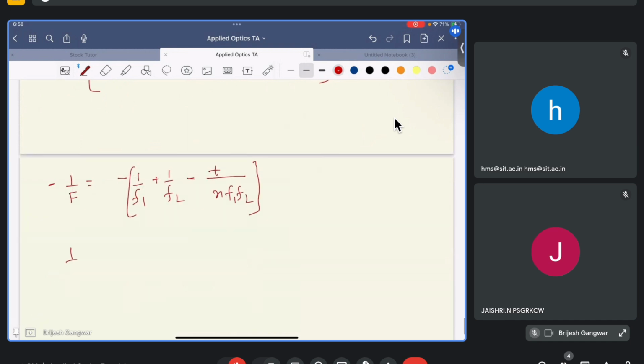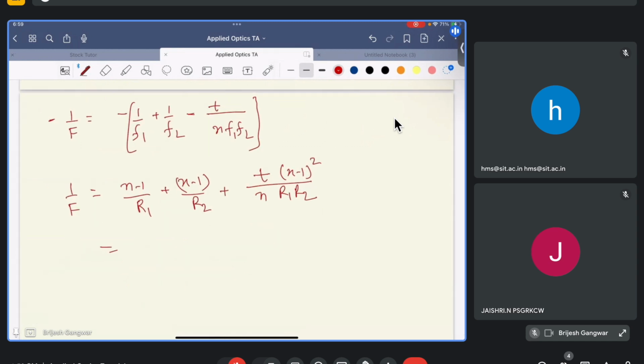So 1 by f equals (n minus 1) by r1 plus (n minus 1) by r2 plus t (n minus 1) whole square by n r1 r2.